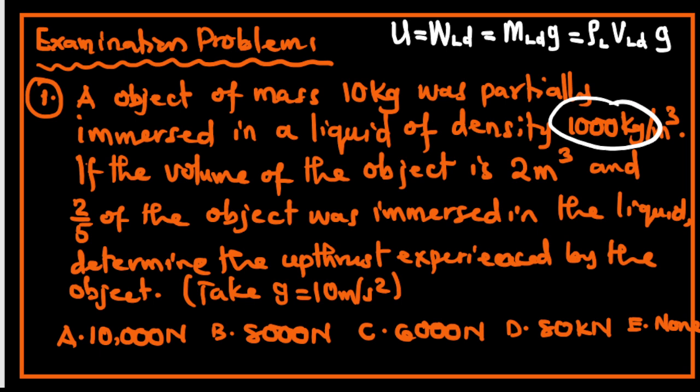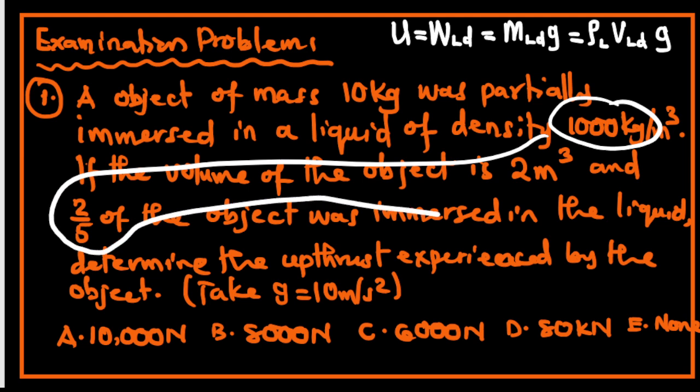Now you also need volume of the liquid displaced. You have volume of the object. Now look at this. 2/5 of the object was immersed. So volume of the liquid displaced is going to be 2/5 times 2. Then G, you know what it is.